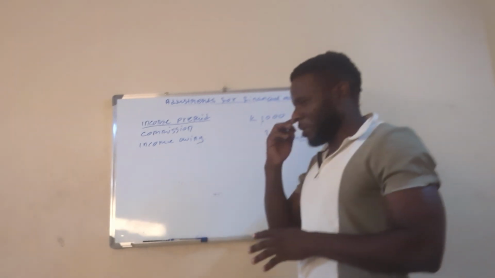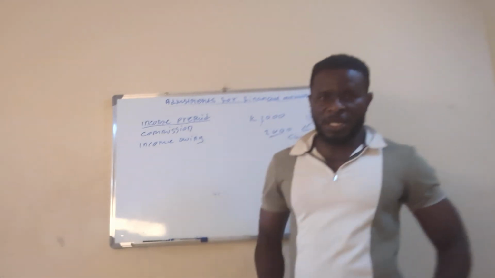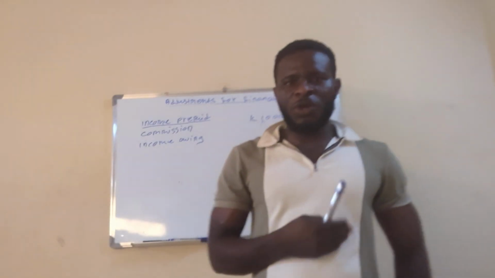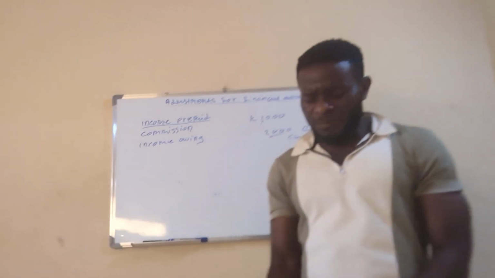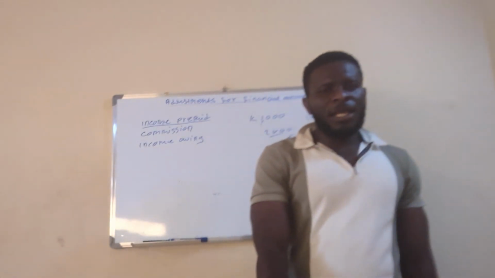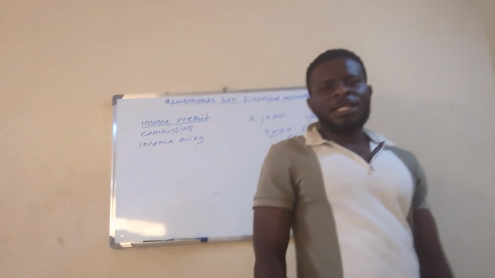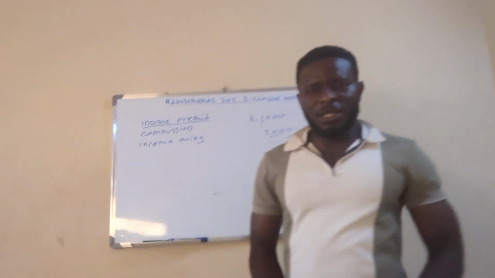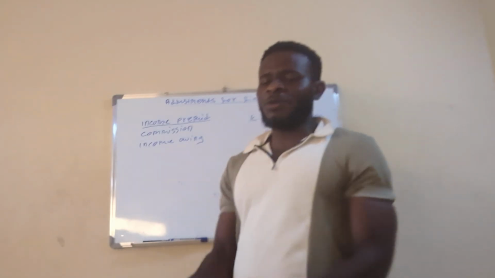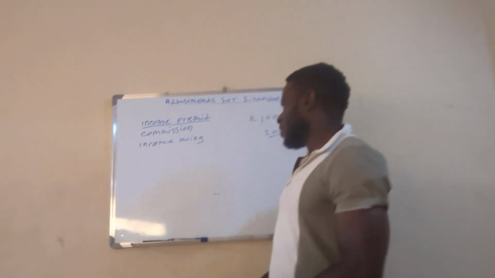You are paid on commission. You receive a commission after offering them a service. You help them maybe sell some of their products. You offer them a service in any way. And then at the end of the day, they decide to pay you on commission at the end of that accounting period, whatever it is that you've agreed.